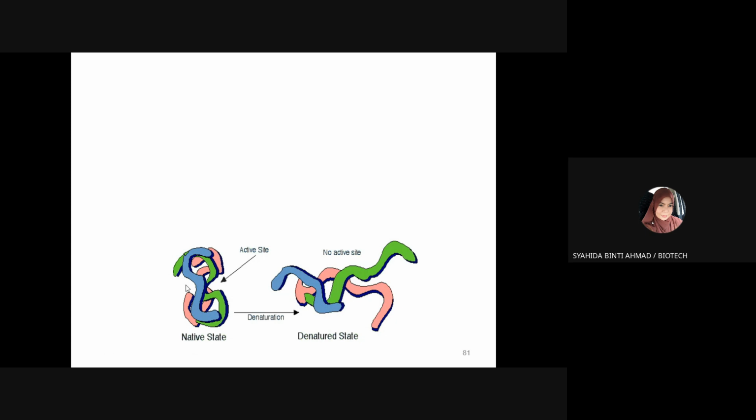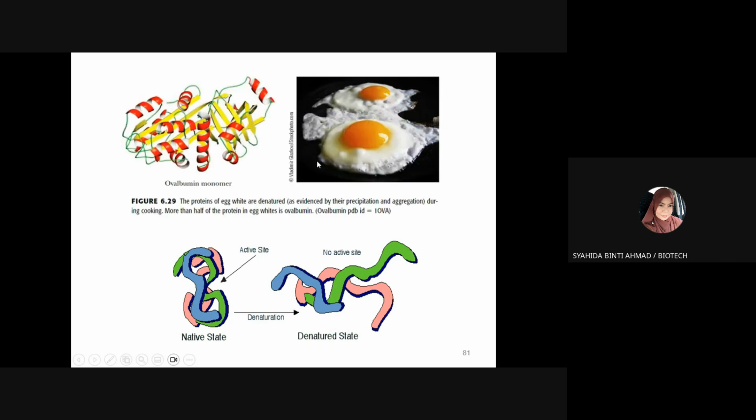If you do treatment, it will open up the subunits and then open up further, the disulfide bond, and become a denatured state. This will cause the protein to lose its function, and the active site of the protein also opens up, right?